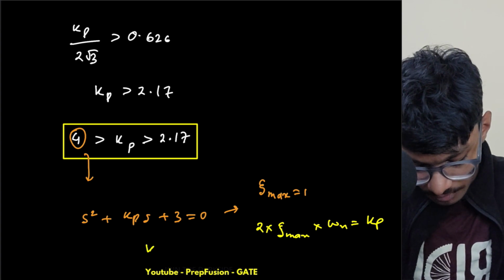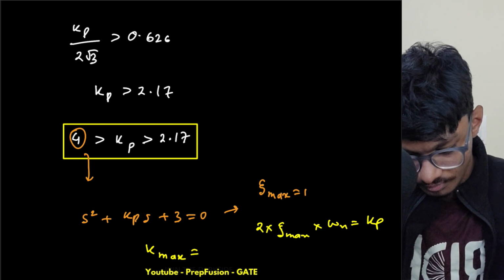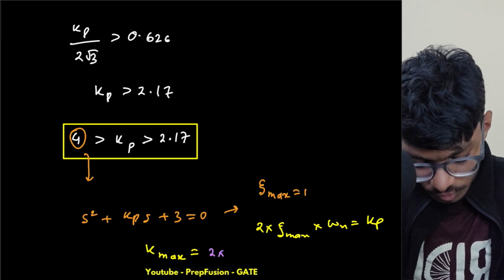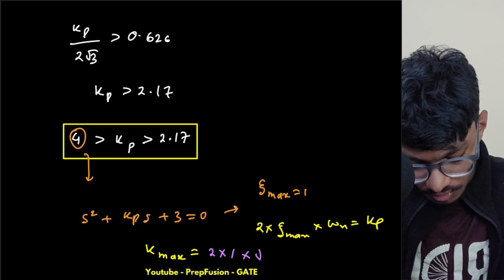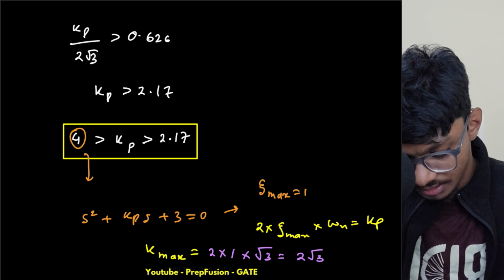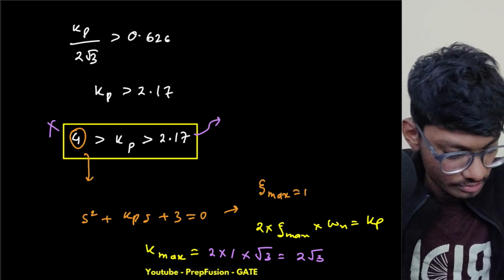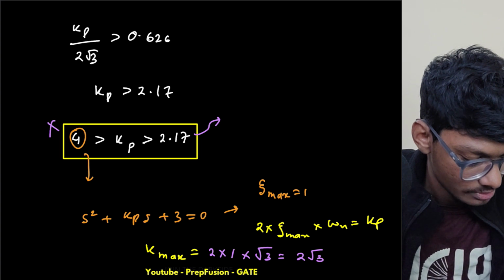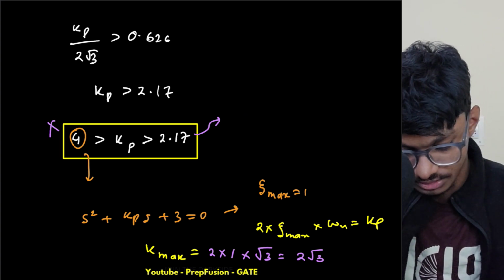So Kp max can go to 2 times 1 into under root 3, so 2 under root 3, which is 3.46.